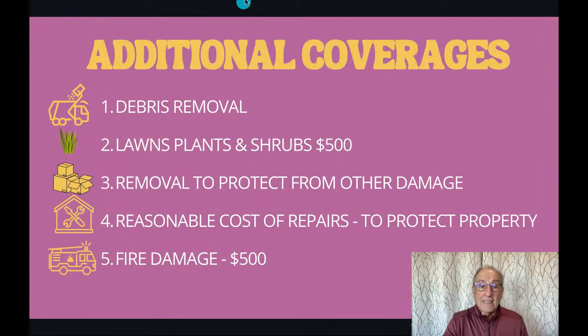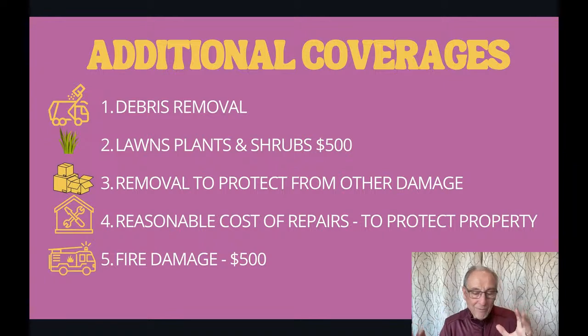Now the additional coverages. These aren't listed in A, B, C, D, or whatever, but they come in the policy. It's just extra good stuff, right? Debris removal. This is not landscaping. It's not going to pay you to clean your yard up. This is after a loss, to get the stuff out of there so no new fires start.